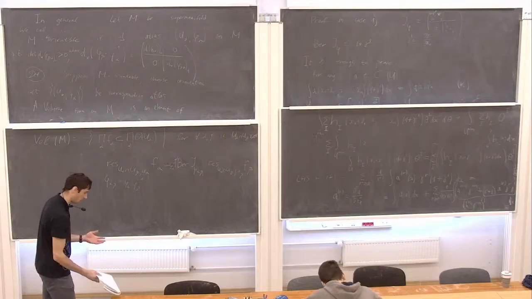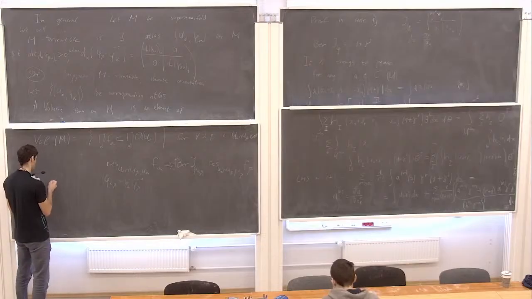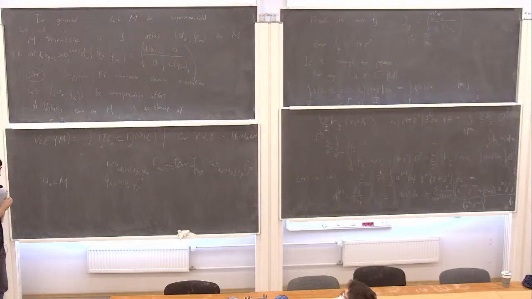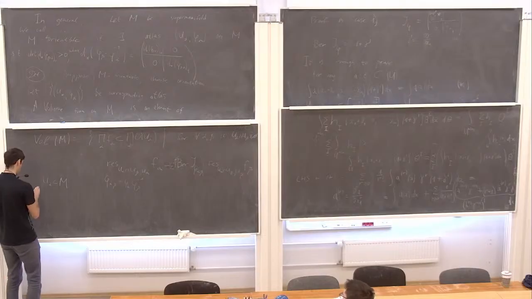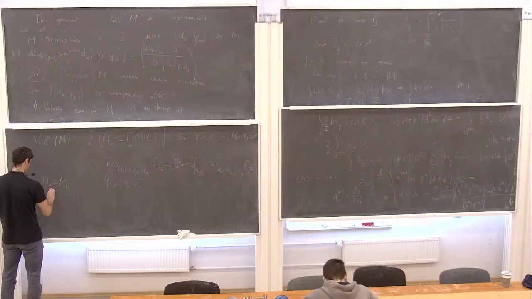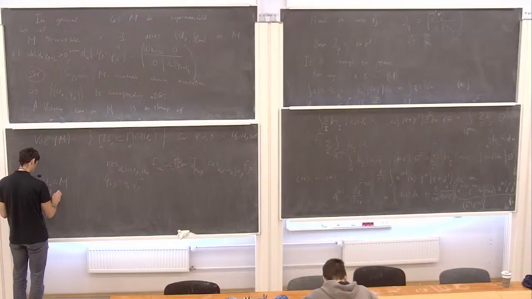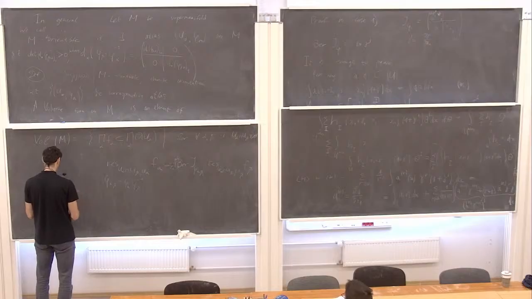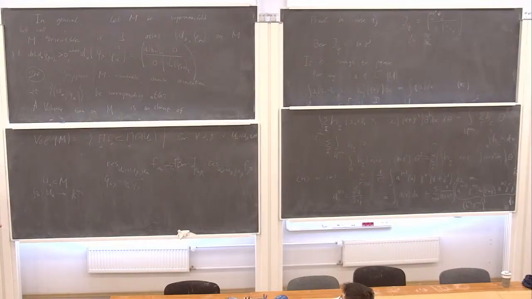My U alpha is an open subset inside M, and we need to agree from where to where phi alpha goes. Let's say it's from U alpha to some open subset in K^{m|n}, where m|n is the superdimension of M, right?